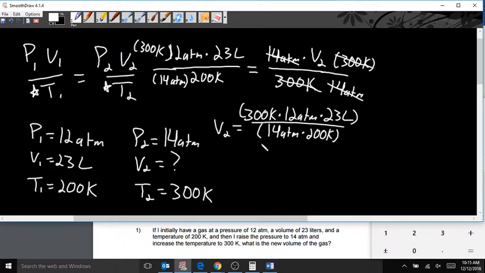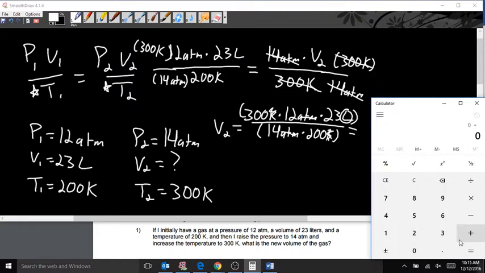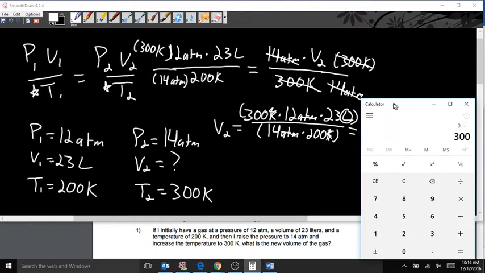All right. Kelvin on top, Kelvin on bottom. Kelvins cancel. Atmospheres top and bottom. Atmospheres cancel. So I'm left with liters, which is what volume's in, so I know I'm doing that part right. So now, if I come down to my calculator, so I have 300. I can't see some of that.